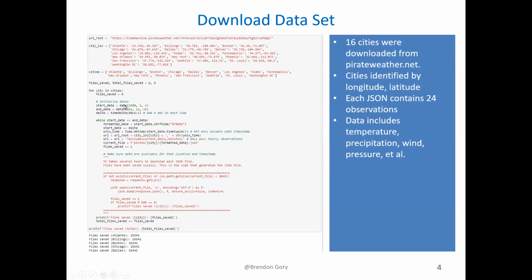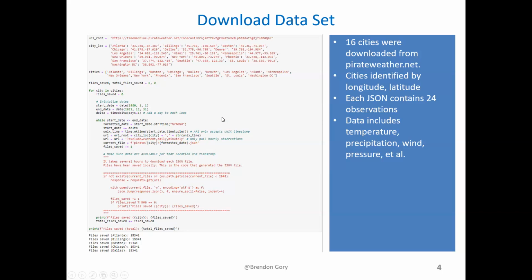It's a very straightforward loop that we have here. We're setting the time frame from 1980 up into 2021. We just wanted a complete year that the website offered. The API requires a longitude, latitude, as well as a time frame for which we want to get the weather observations.